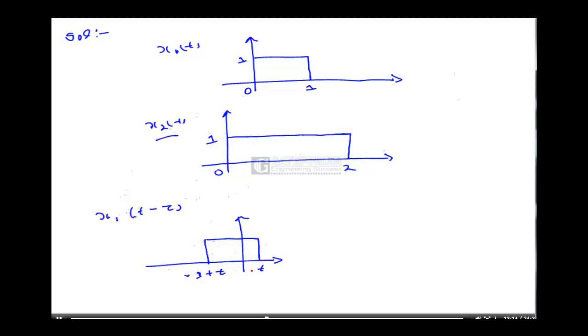This is a time reversed and time shifted figure for x1(t minus tau). Suppose I give the name of this x2(tau). Now, when my x1(t minus tau) is inserted in x2(tau), then I'll directly make a plot.